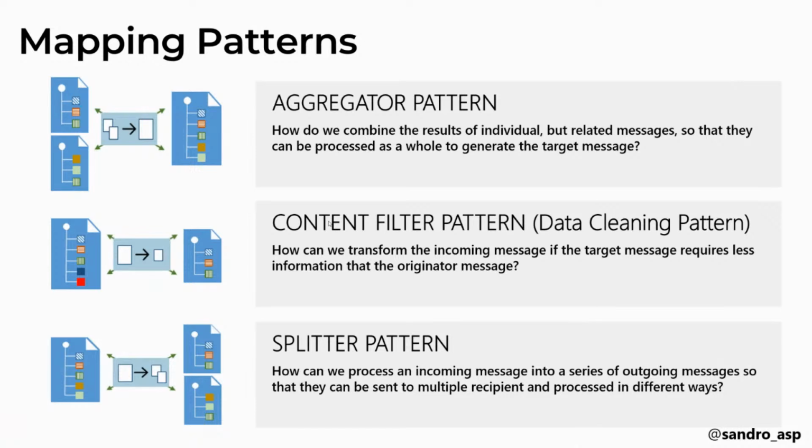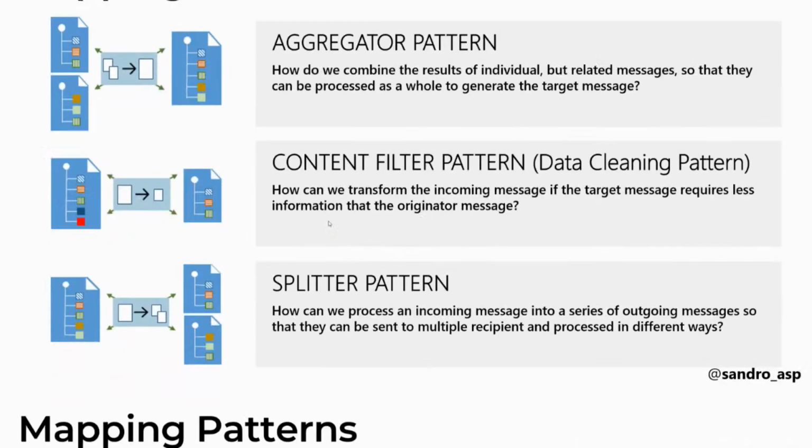Of course, we can apply two maps: one mapping the source schema to destination A, and another mapping the source schema to destination B. But in BizTalk, we can actually do a single map creating two different outputs, as with the aggregator pattern. So instead of having two incoming source messages, we have two outgoing destination messages.